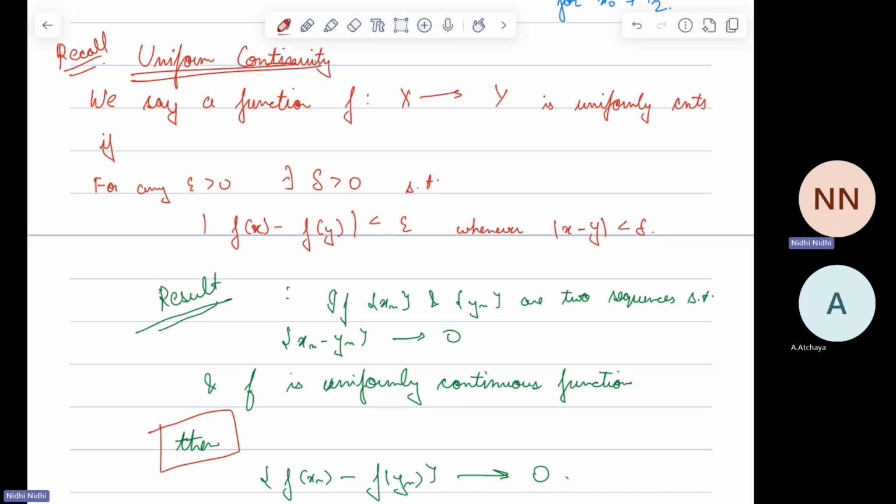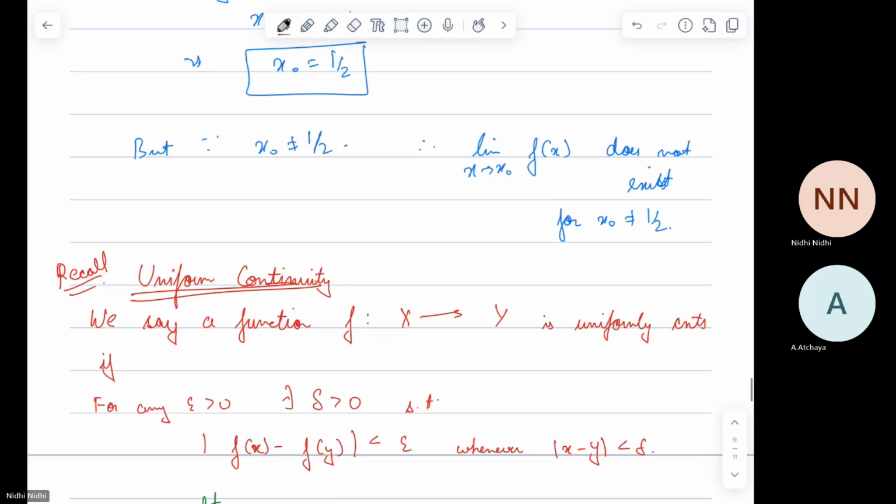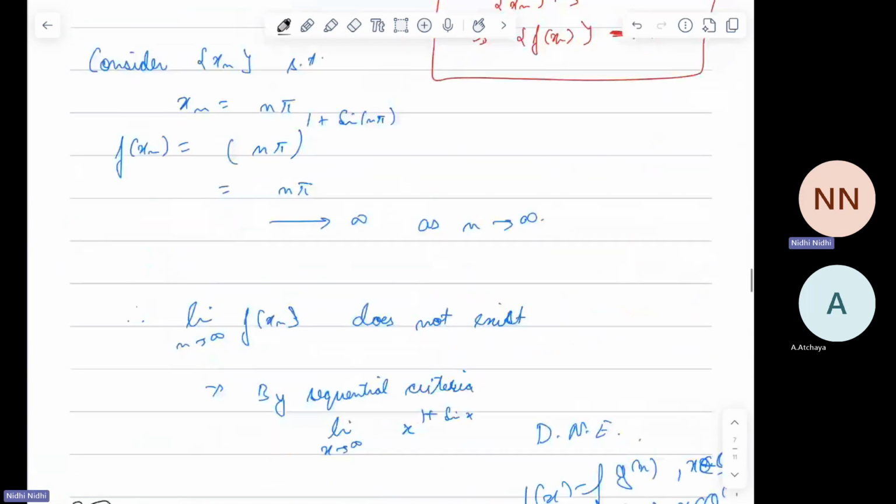So let's look at some functions. Next we have question number 3, 4.